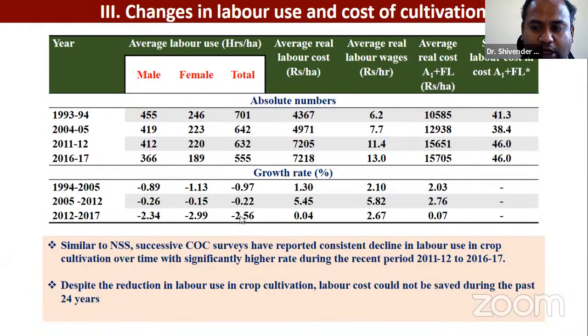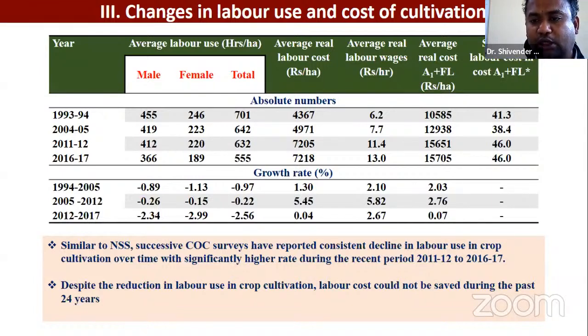So we can see the same trend which we saw in the NSS survey: the cost of cultivation survey is also showing a decline in labor use over time. If labor is declining, it may lead to savings in cost. We can expect that if labor is declining, because it constitutes about 50% share in cost, cost should also decline.